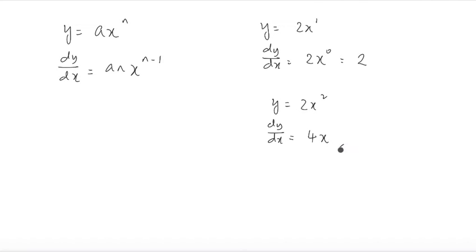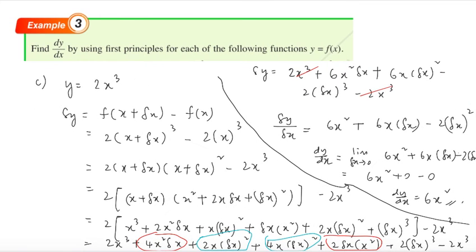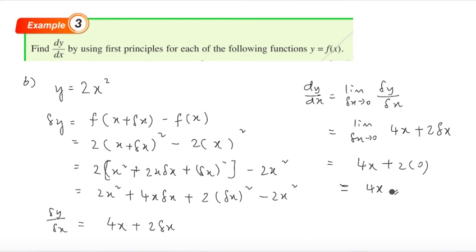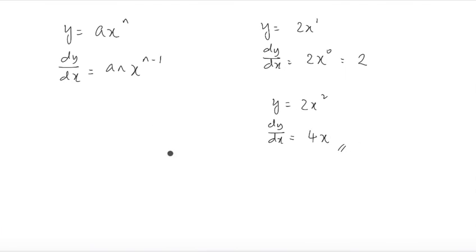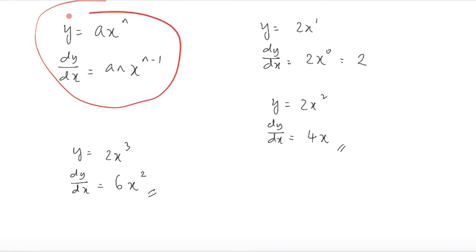So 4x. Answer 4x on this one. The last one, y equals to 2x power 3. So dy dx equals to 3 times 2, 6, x power 3 minus 1, 2. So we use this shortcut method. This one later we will touch.